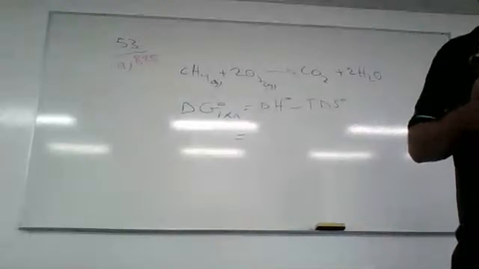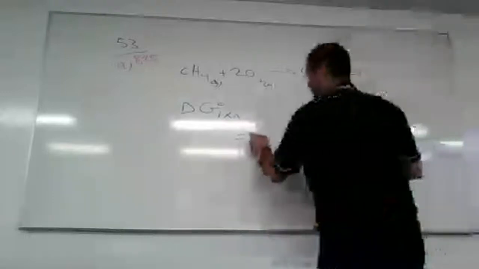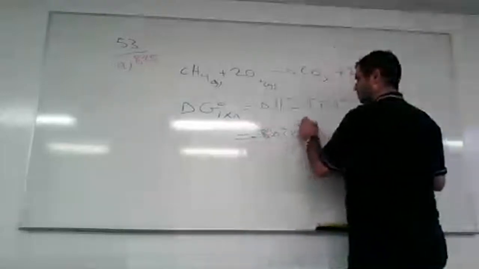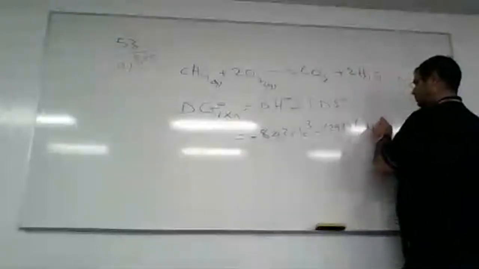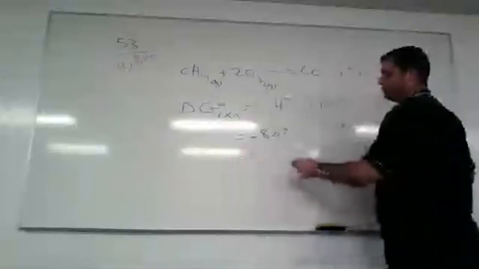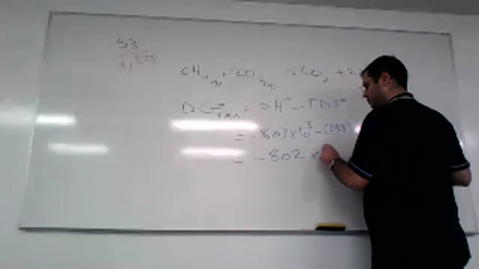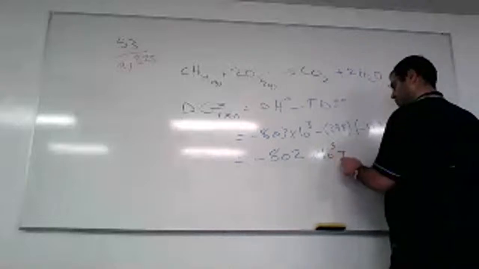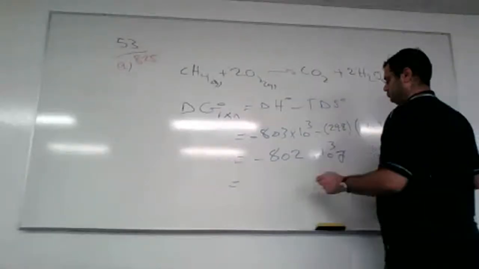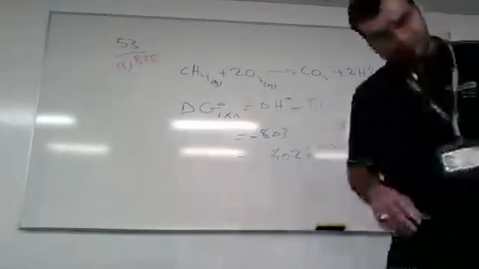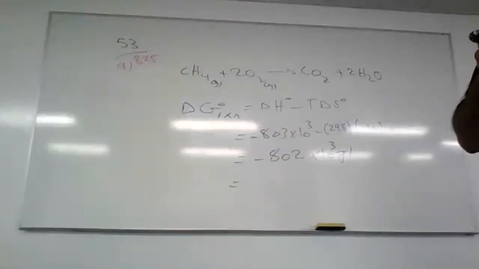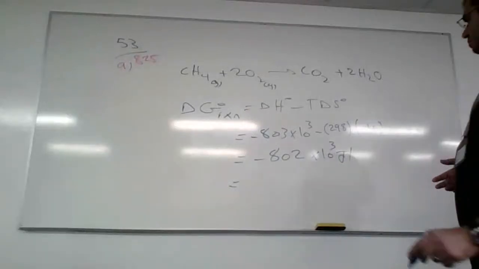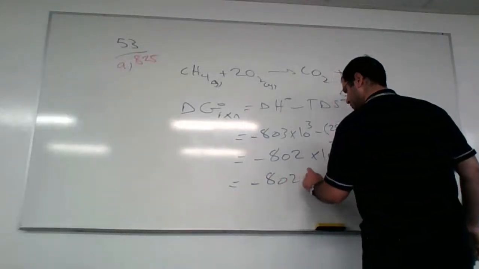What's the value of delta H naught? It's 803, but in here I have to make it in Joule. Minus 298 times minus 4. So you will get minus 802 times 10 to the power 3 joule, meaning minus 802 kilojoule.